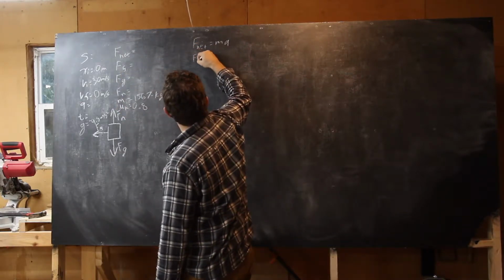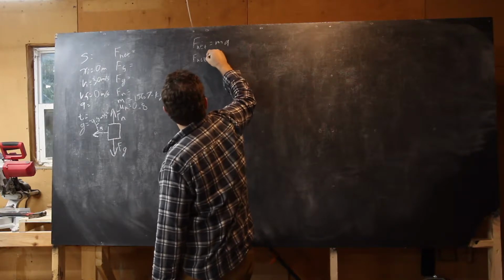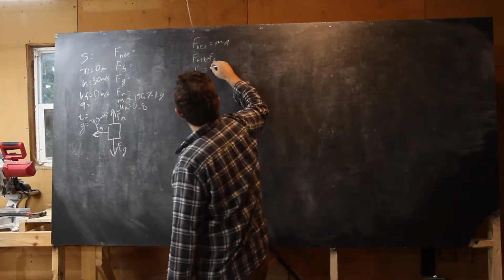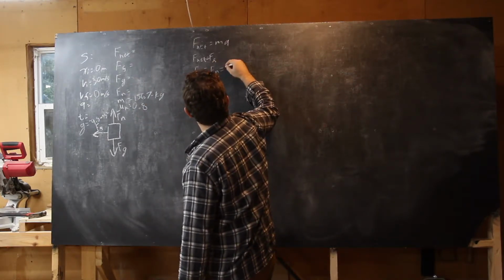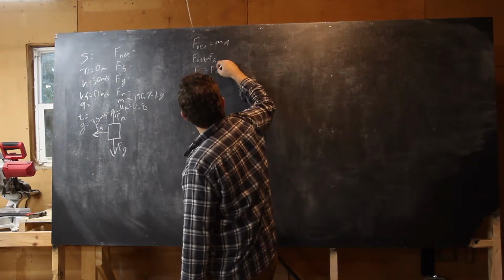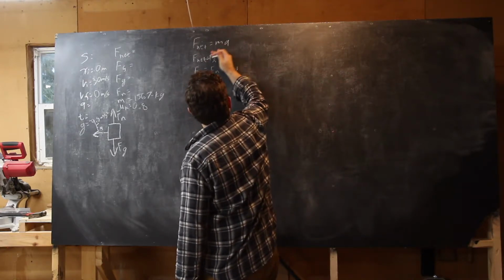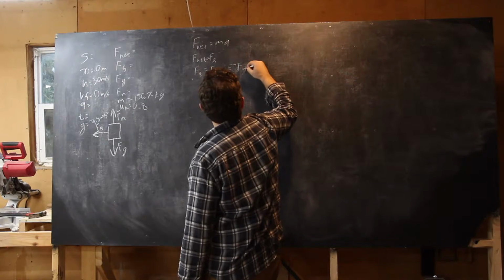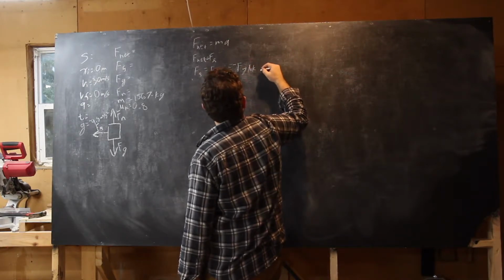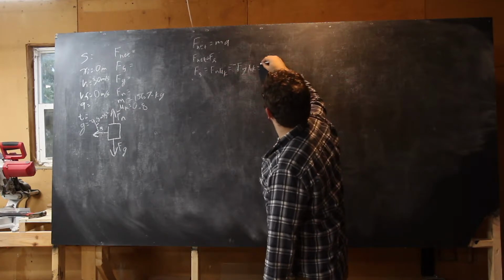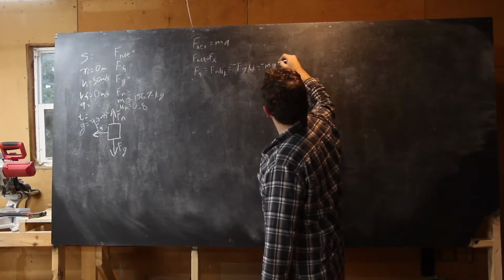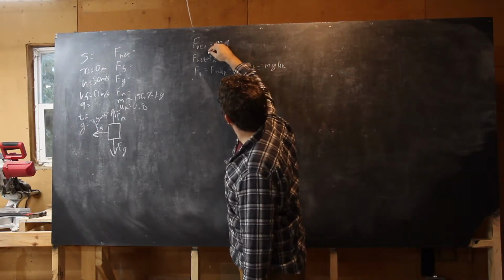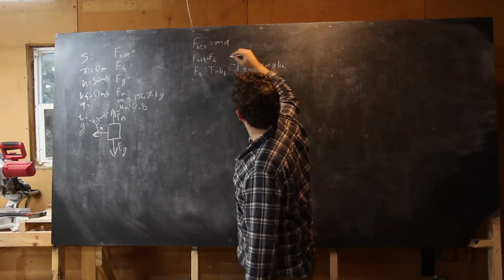F net is in this case equal to the force of friction, and the force of friction is equal to force normal times mu K, which is equal to negative Fg times mu K, ultimately negative mg mu K. And we should have another negative right here.